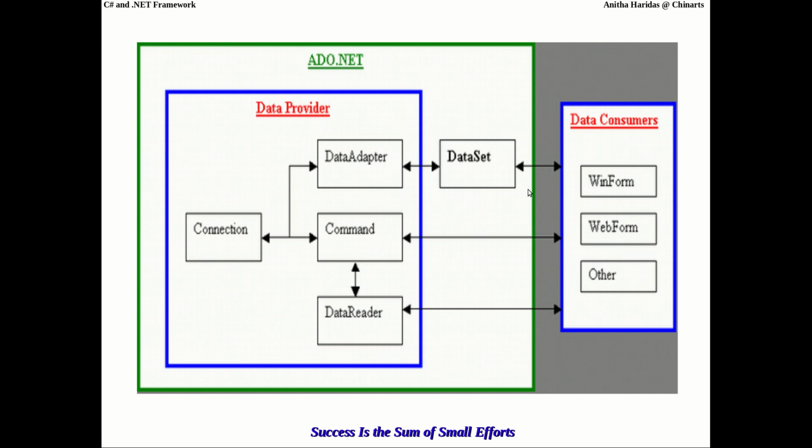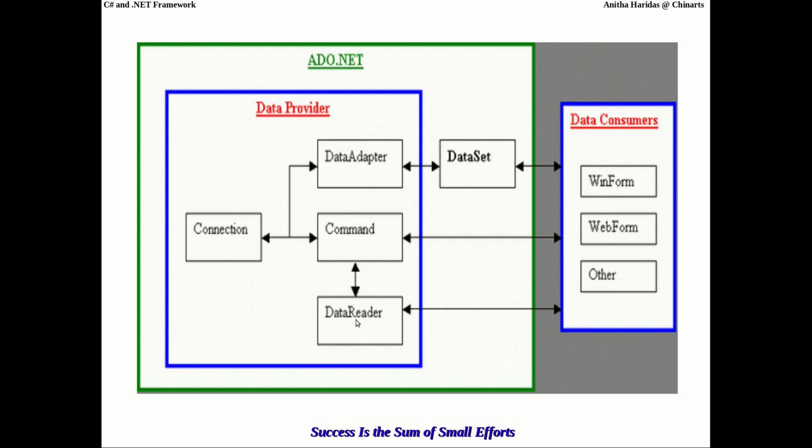Now let me tell you what offline mode is. Whenever I am using command and data reader, I need a live connection to the database. Your connection object must be connected to the database. Only then will the command object or data reader function.